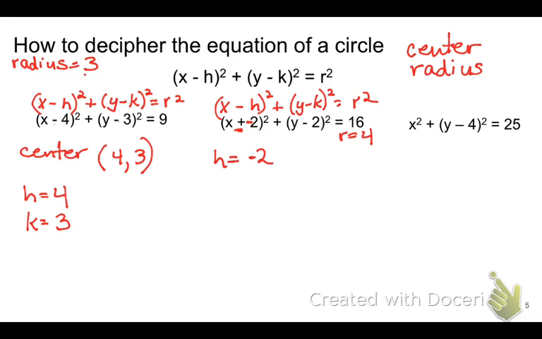And for our k, the formula calls for minus, and sure enough, this is a minus, so our k is just plain old 2. And our center is at negative 2, 2.